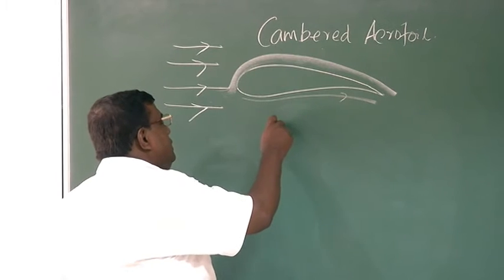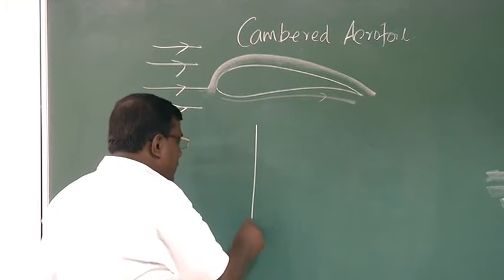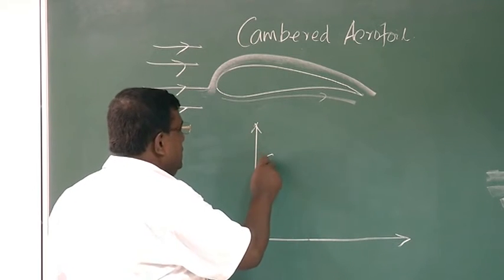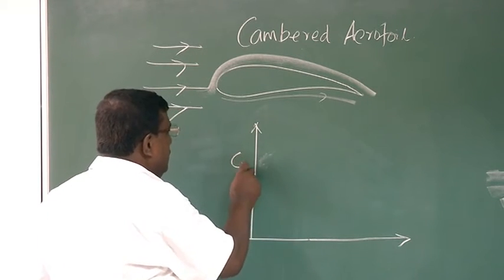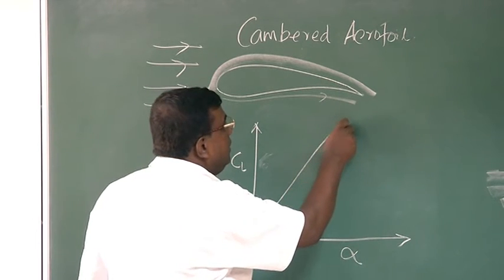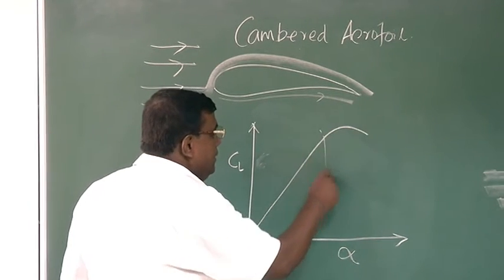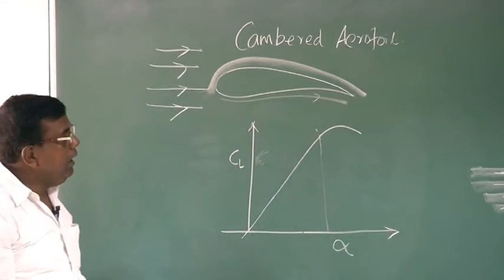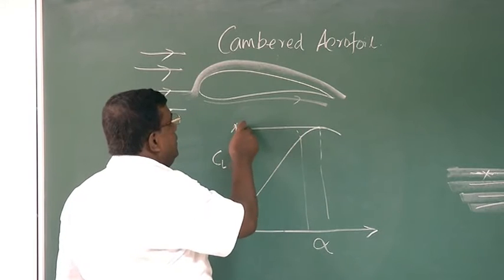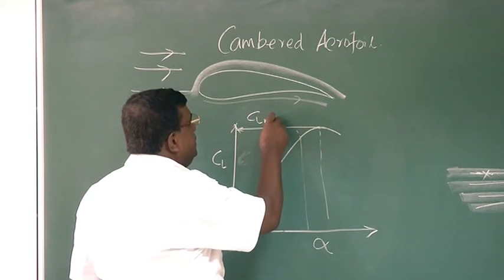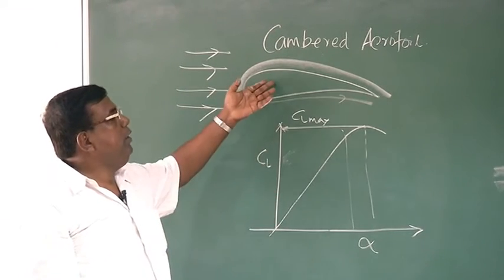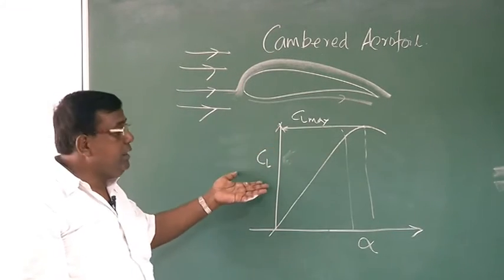We also realized that if I plot CL versus alpha for a symmetric aerofoil, up to a certain point it is linear, and after that, strictly speaking, we call it CL max, that is the maximum CL this wing or aerofoil can generate.